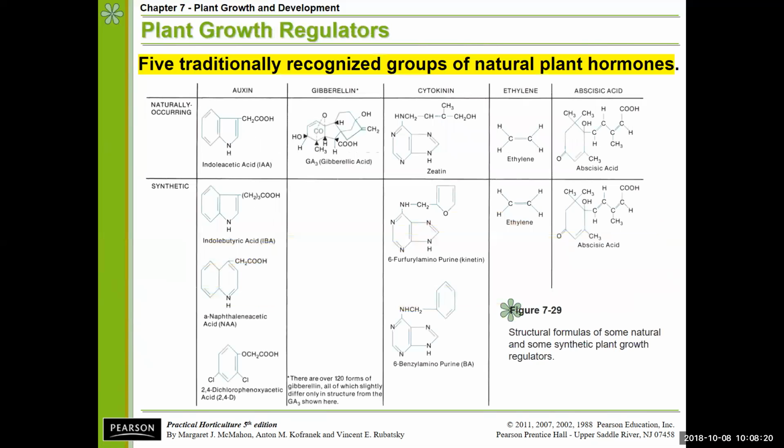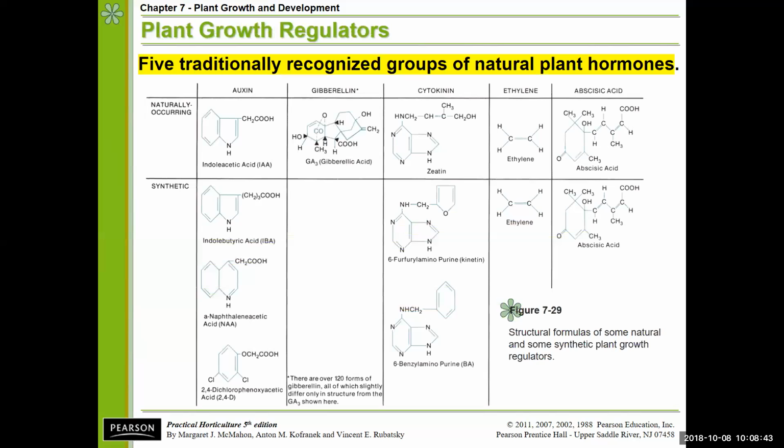So the 5 categories are at least traditionally recognized categories, because there are more categories coming out all the time as the science further develops. But first we have auxins, gibberellins, cytokinins, ethylene, and abscisic acid.